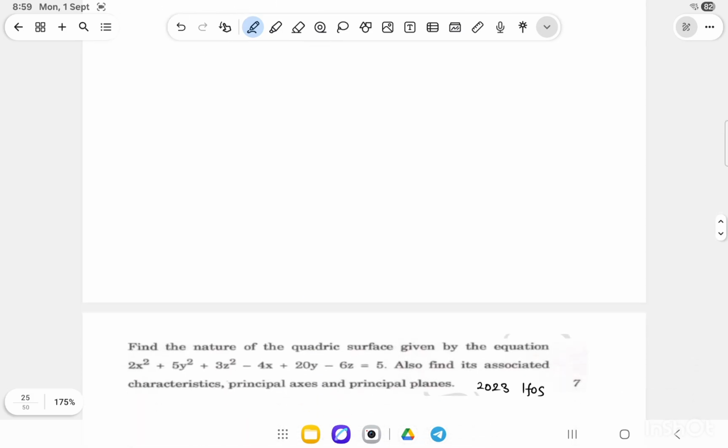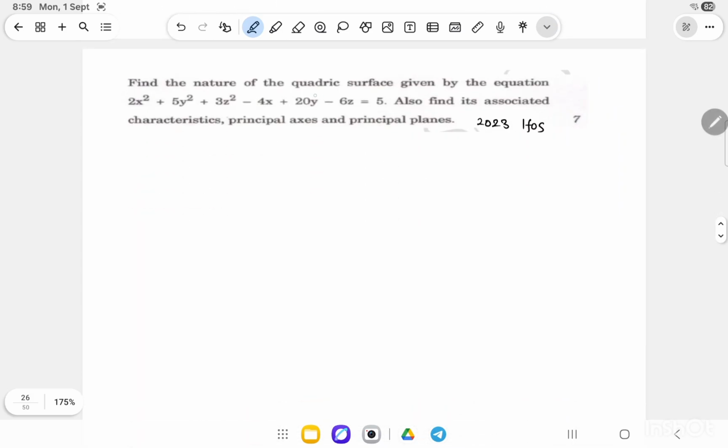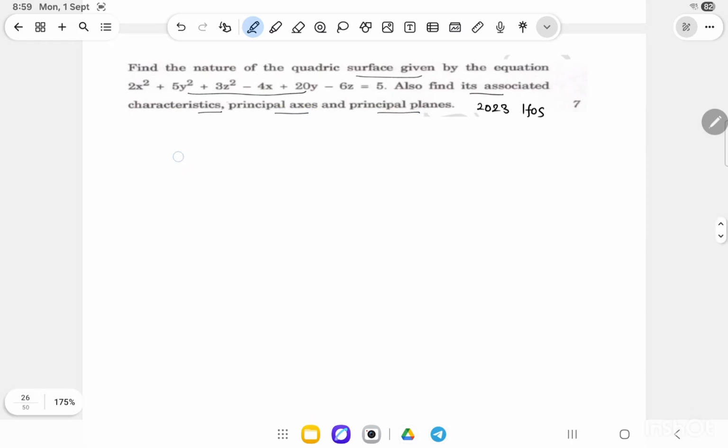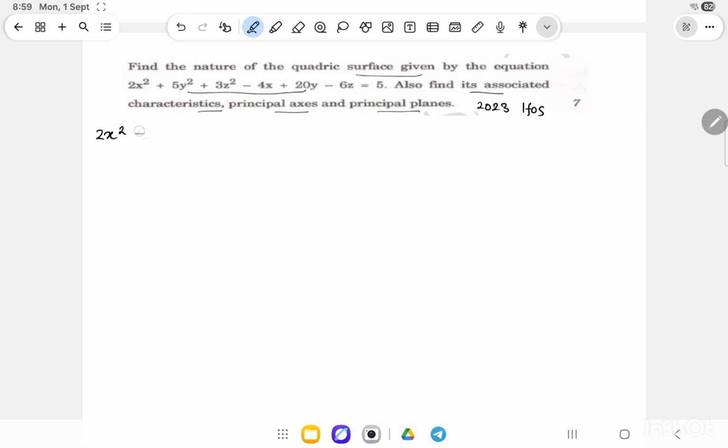So the next question says that find the nature of quadratic surface of the given equation and also find its associated characteristic principal axis and principal planes. So first let us just write the general given equation, that is 2x square plus 5y square plus 3z square minus 4x plus 20y minus 6z minus 5 equals to 0.